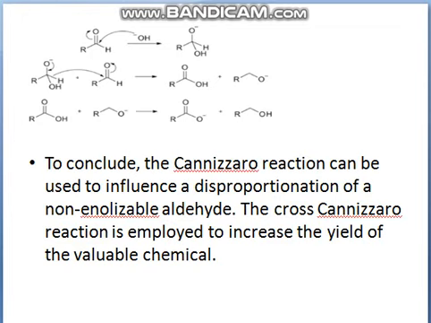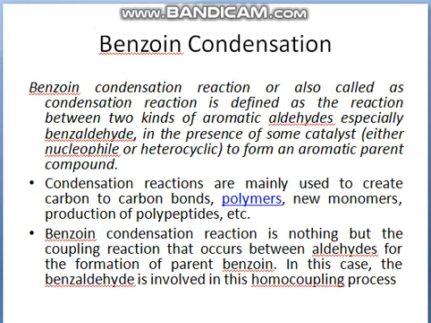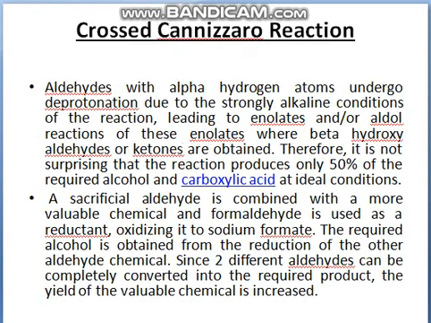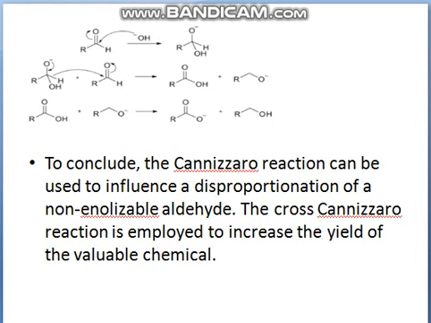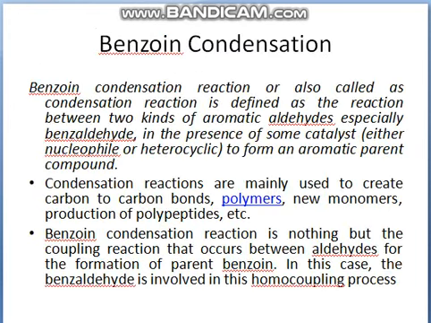Since two different aldehydes can be completely converted into the required product, the yield of the valuable chemical is increased. The Cannizzaro reaction can be used to influence the disproportionation of a non-enolizable aldehyde. The crossed Cannizzaro reaction is employed to increase the yield of valuable chemical.